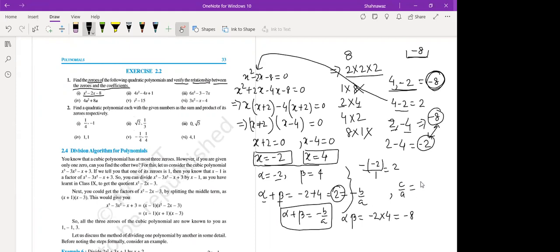Minus 8 by 1, or minus 8. So this is c by a. So alpha into beta is c by a and alpha plus beta is minus b by a. So you have proven it. So this question is completed. Understood?